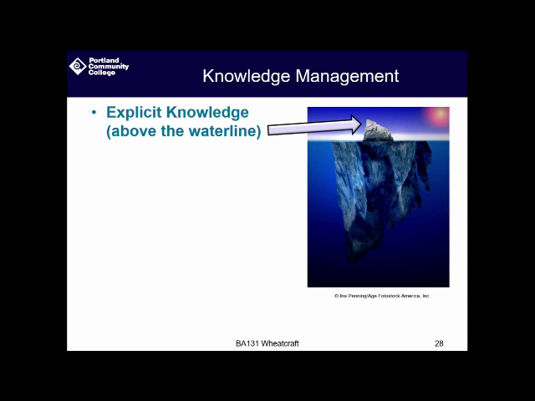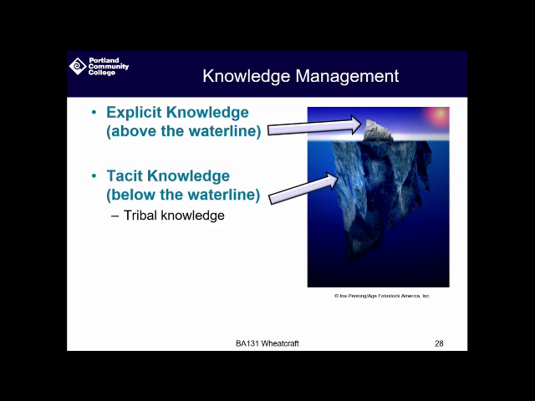It's the manufacturing process sheets that tell you do this, and it gives you the sequence and what equipment and what tools to use. But then there's tacit knowledge below the waterline, or you might hear this referred to as tribal knowledge. And in most organizations, the tacit knowledge is actually many times larger than the explicit knowledge. And yet it's really important to the organization.